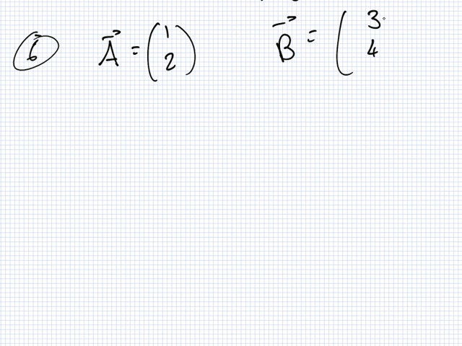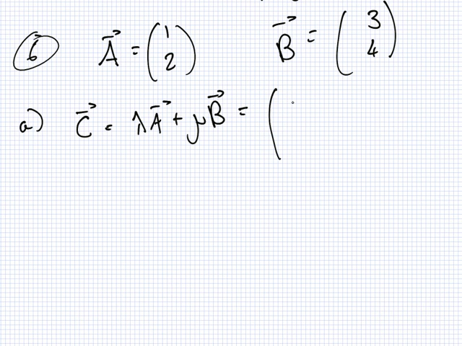So in number 6, I give you a vector A, which I tell you is i plus 2j, and a vector B, which is 3i plus 4j. And my first question is, C is lambda A plus mu times B. And I just want you to simplify this.